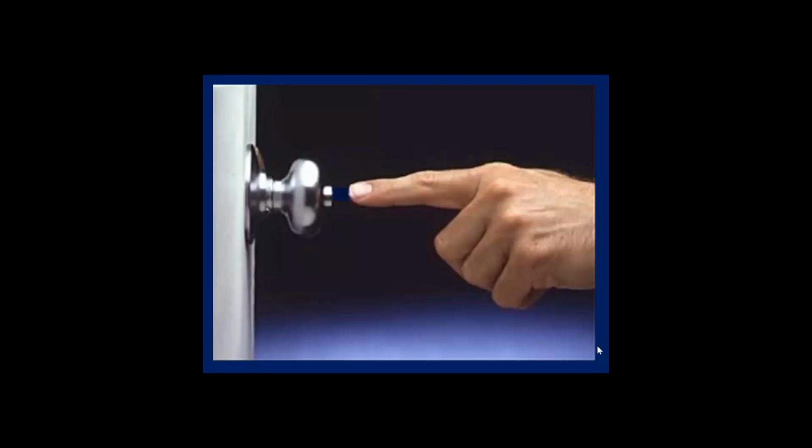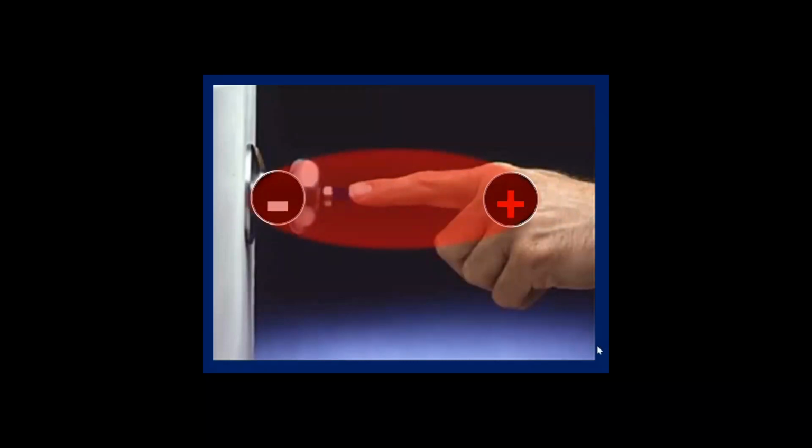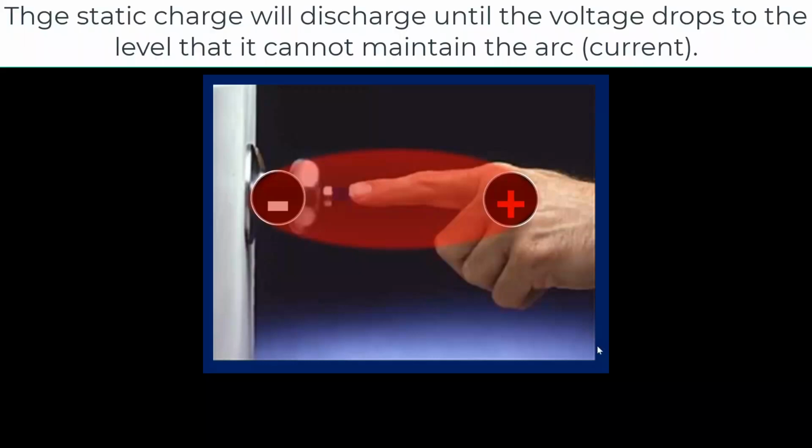The first one that everyone has experienced is where you have static electricity build up on your body. Now, I'm showing your finger very close to the doorknob, and the red cloud there is kind of the electrostatic field between the excess of electrons in the doorknob and the deficiency of electrons in your hand.